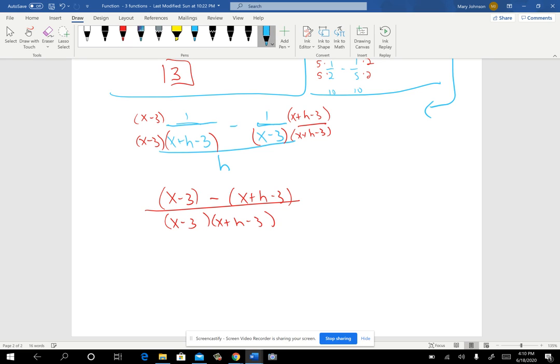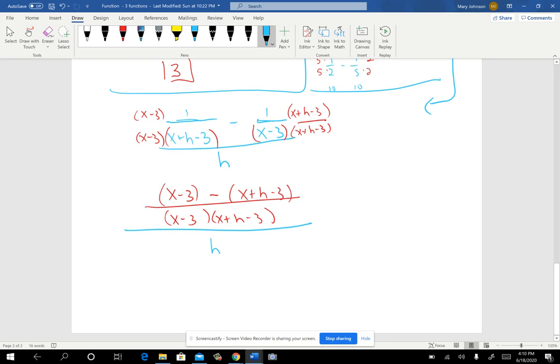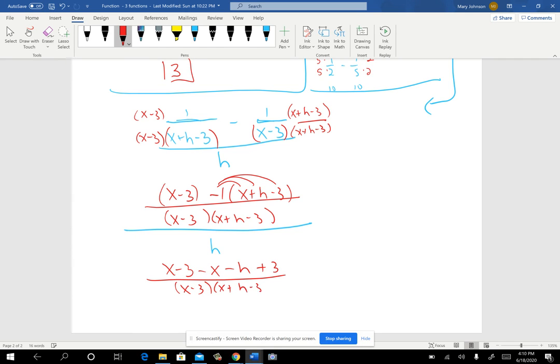But don't forget all of that is divided by h. So that's x minus 3 minus x minus h plus 3, because remember that -1 gets distributed, divided by this denominator we created. And then all of that, when we're done, gets divided by h.